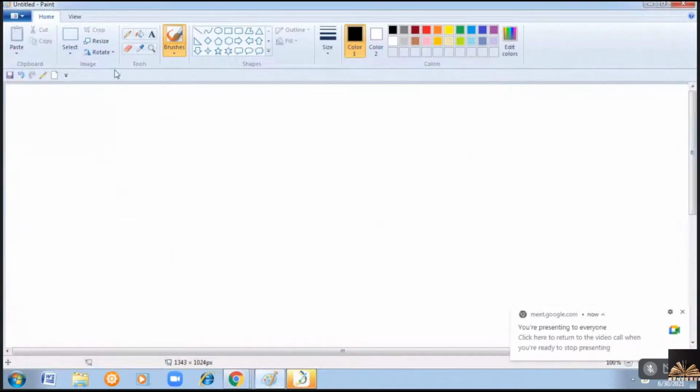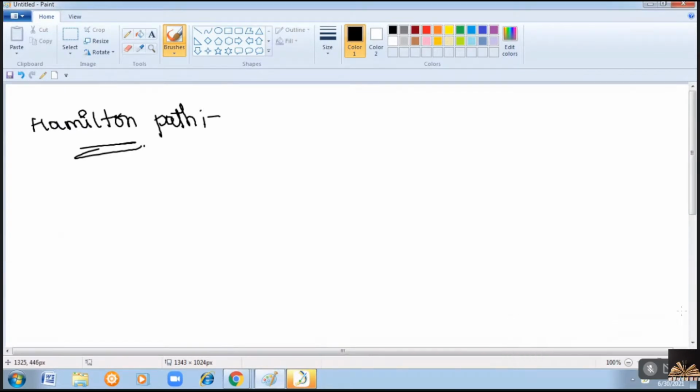The next concept is Hamilton path. This Hamilton path is similar to the Euler graph. The only difference is that in the case of an Euler graph, every edge should be visited exactly once.